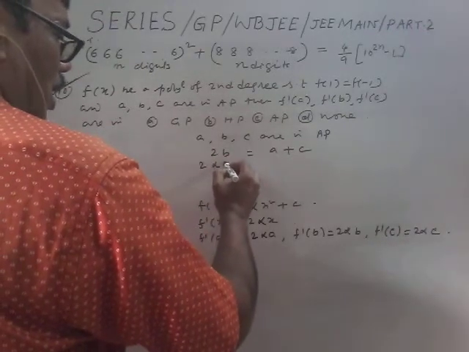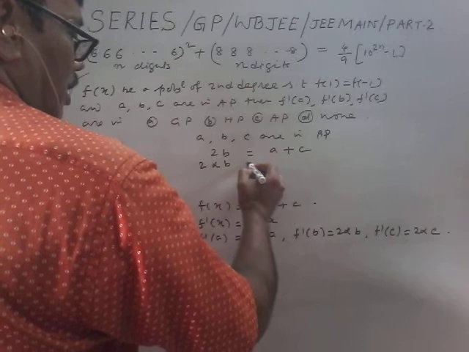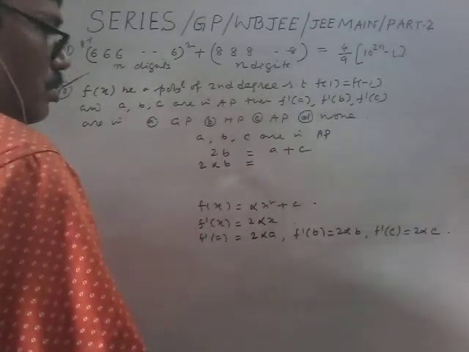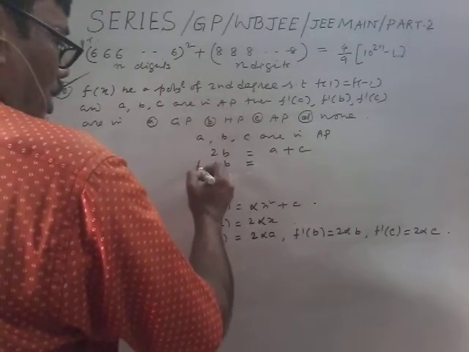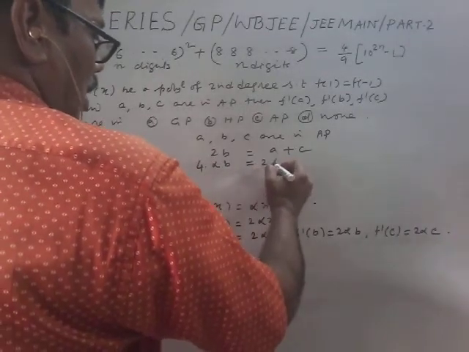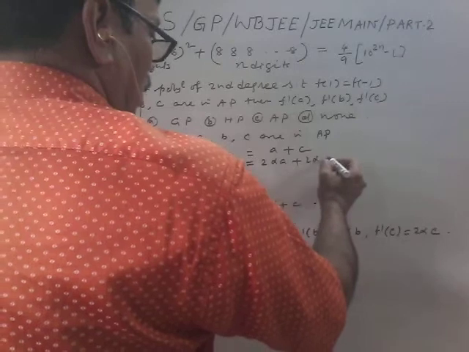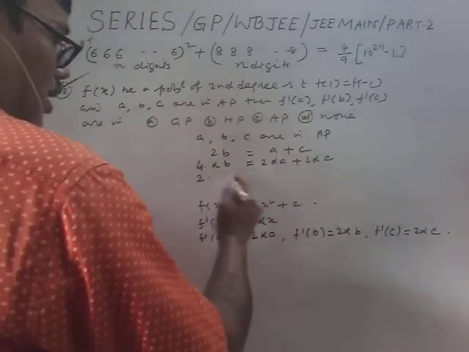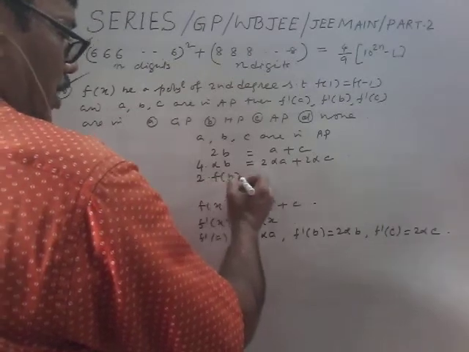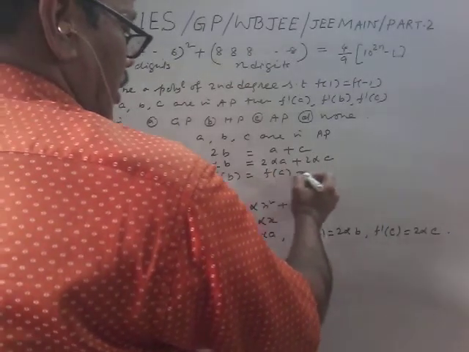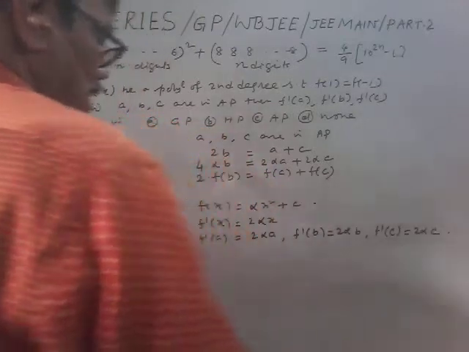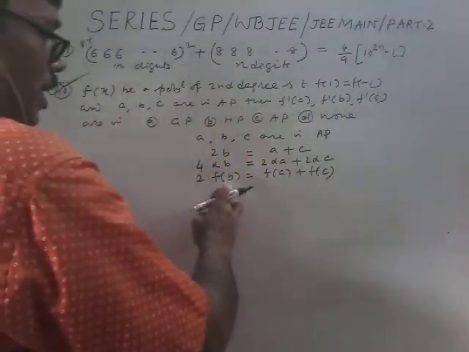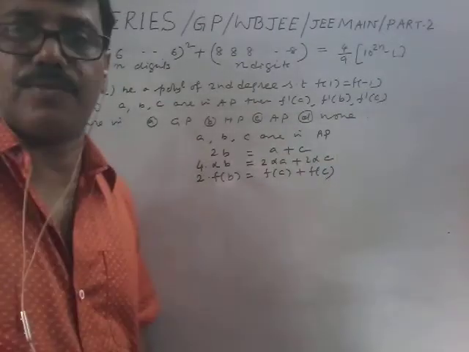So 4 alpha b equals 2 alpha a plus 2 alpha c. So 2 into 2 alpha b, this is f'(b), this is f'(a), this is f'(c). So look, we are getting a relation 2f'(b) equals f'(a) plus f'(c).